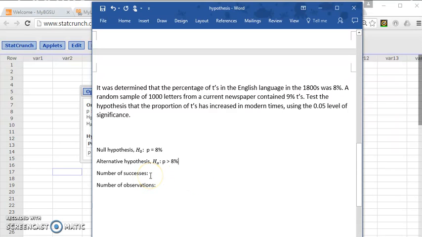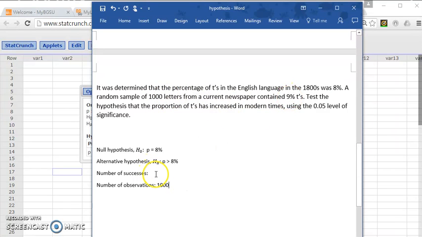And next two things are number of successes and number of observations. So number of observations, that's clear right here because it's a random sample of 1,000 letters. Then that 1,000 will be the sample size, which is the number of observations. And next thing is the number of successes. But right now we only know in that 1,000 letters we have 9% of T's.